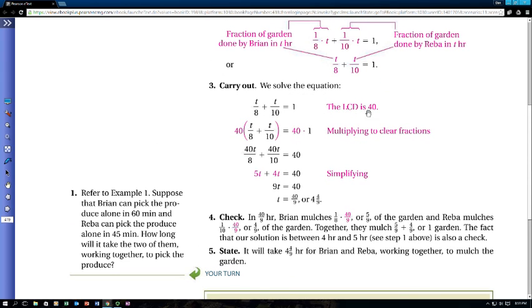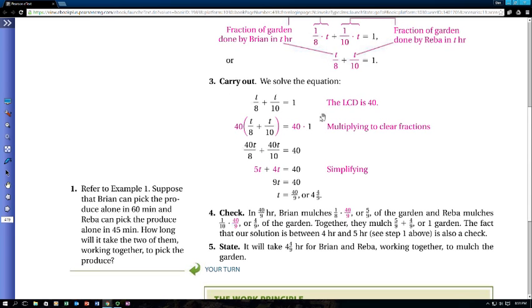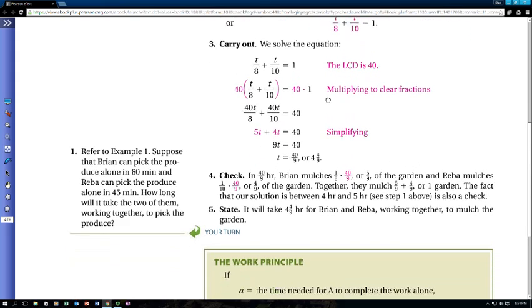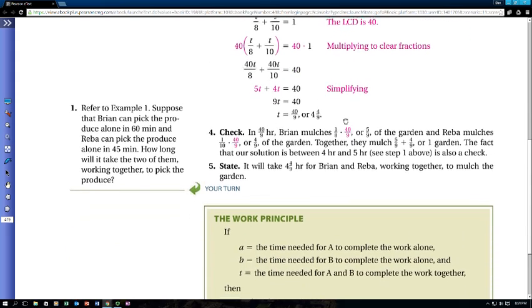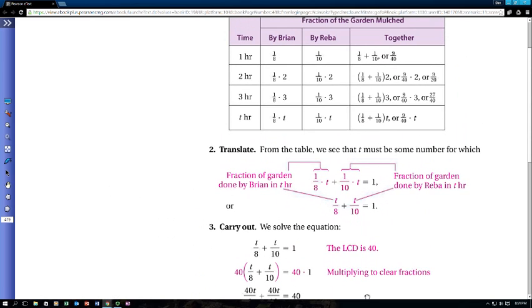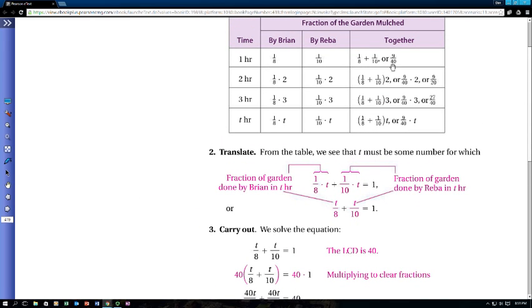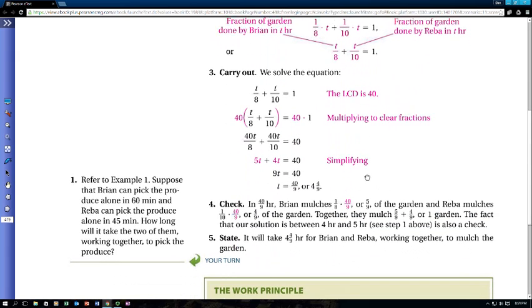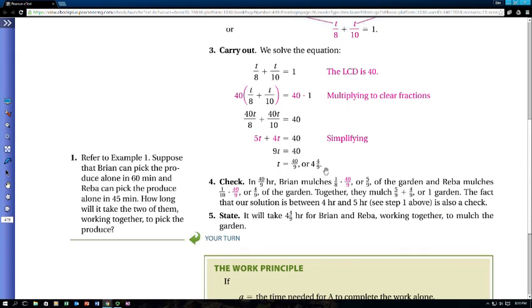To carry out the solve here, they kind of do a couple things. One of the strategies we have is to clear fractions. We use the LCD of 8 and 10, and we get 40. So you take 40 times both sides, and t equals 40 over 9. Okay? Which is kind of interesting right here, right? 40/9ths. Or probably in this case you'd use a mixed number, because they're not going to say 40/9ths of an hour.